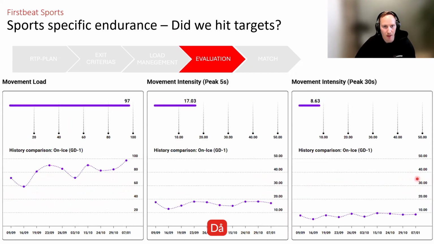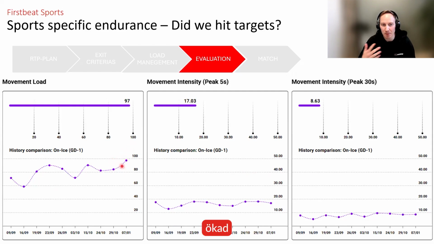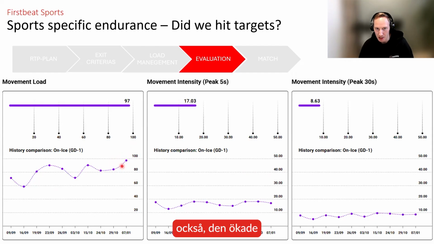Then the coach had a look at the movement load, the external load parameters. So here we see a little bit increased movement load, which explains a bit also the increased TRIMP and increased anaerobic training effect maybe. And the movement intensity peaks are quite similar.